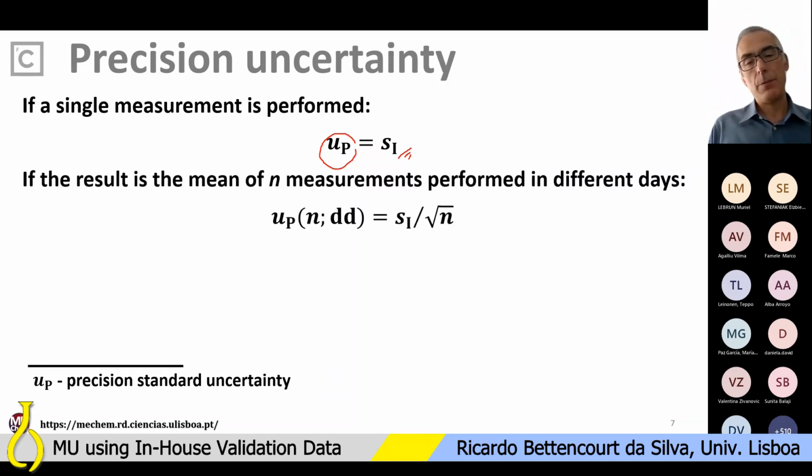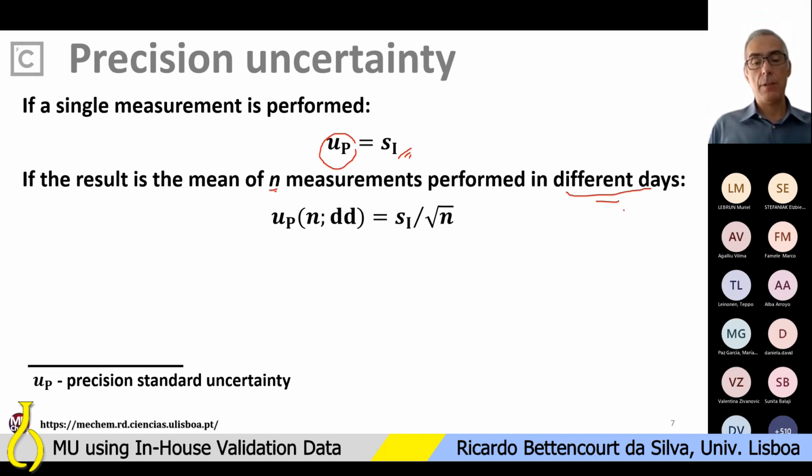But occasionally, the unknown sample is analyzed n times in n different days. This is not so frequent, but in some fields, if the product is not compliant, you analyze a second time by a second analyst, and you report the mean of results from 2 days.